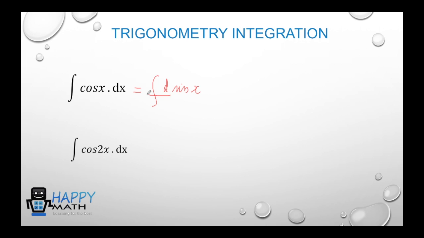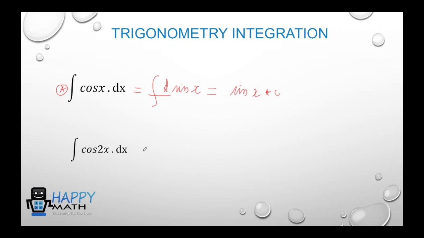The result of this operation is sine x plus c. You have to add plus c at the end of the integration because the derivative of a constant number is equal to 0, so you don't know exactly what the main function was when it became cos x times dx. So you have to add c when you take the integral.